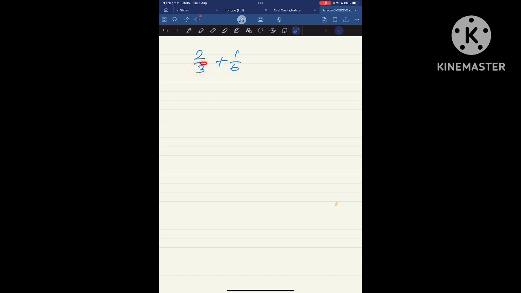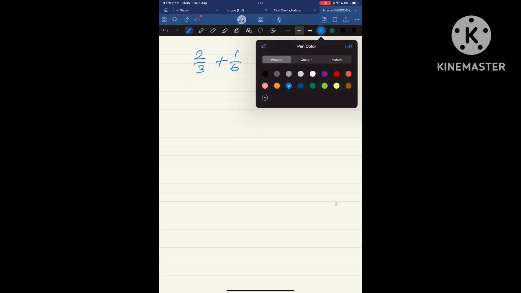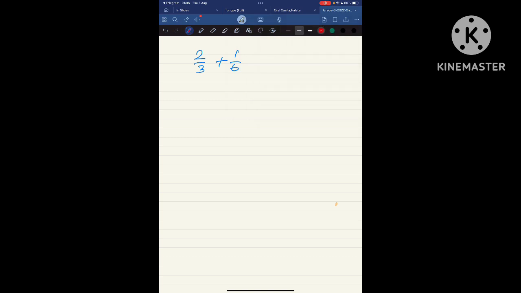I can make this 3 multiplied by 2 and form the 6. If you find these two numbers do not match each other, you have to multiply. Now see how I do this. This 2/3 and 1/6.